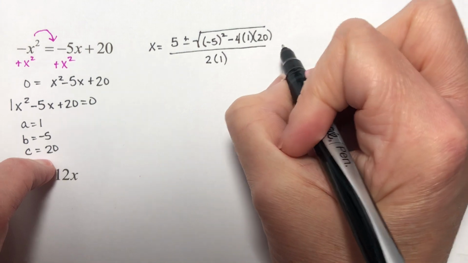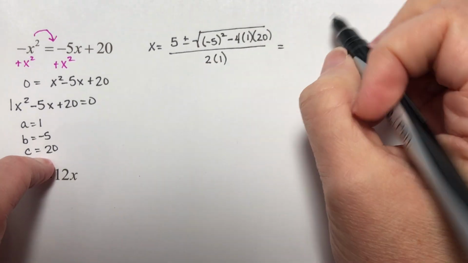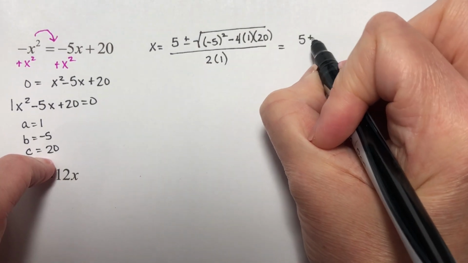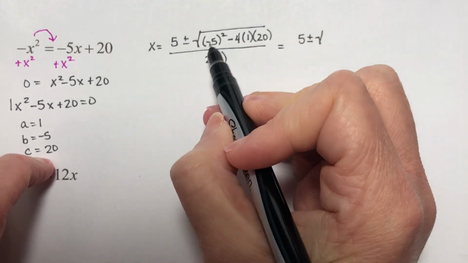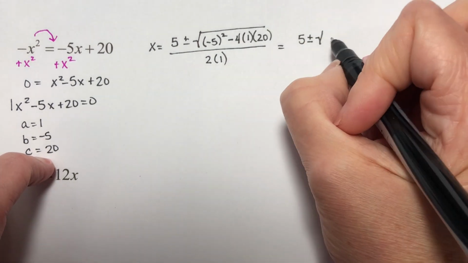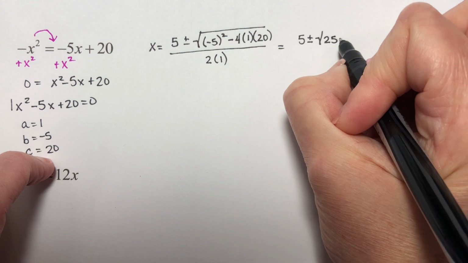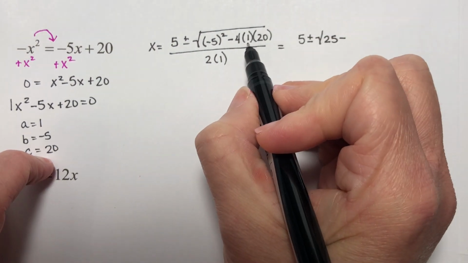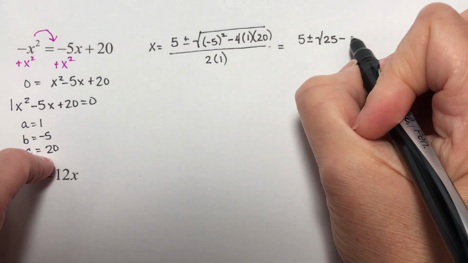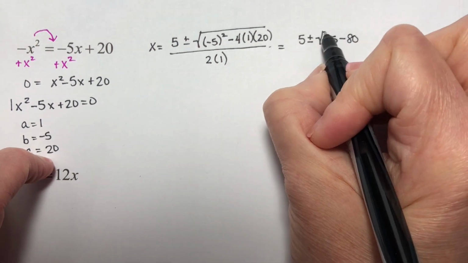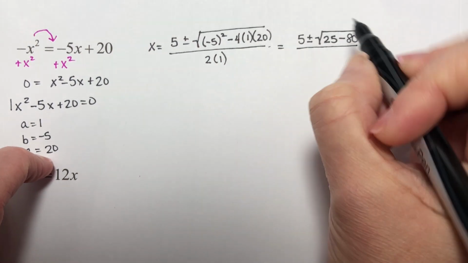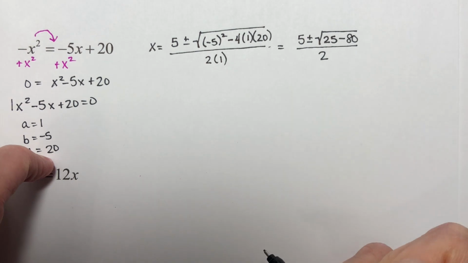Okay, so simplifying inside here, I have 5 plus or minus the square root of negative 5 in parentheses squared is 25, minus 4 times 1 is 4, 4 times 20 would be 80, and this is over 2.